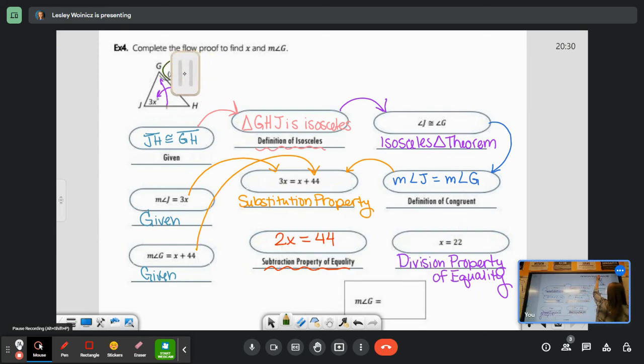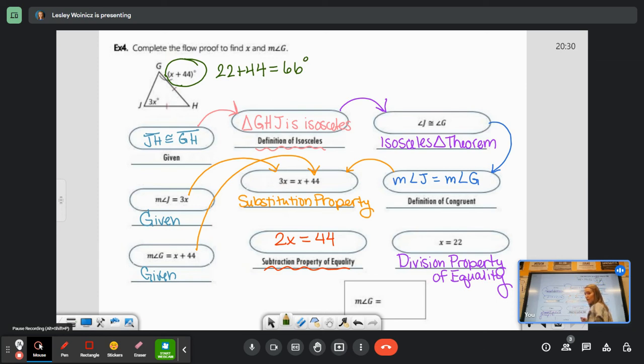So I just have to take my 22, which is my x, 22, and add 44 to it. And I get 66. Now I am talking about degrees.